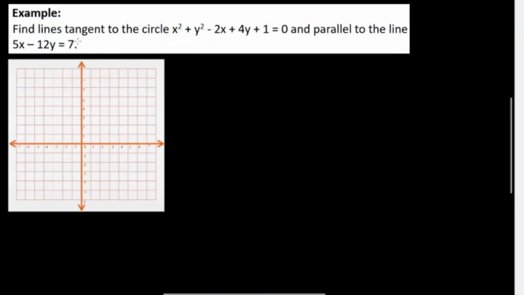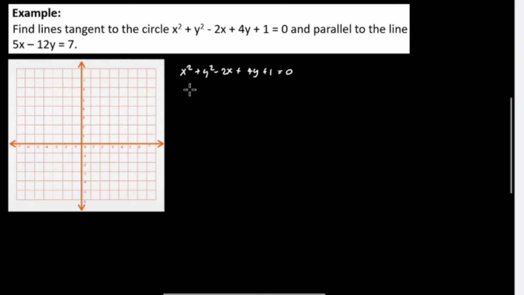Example: find the lines tangent to the circle x squared plus y squared minus 2x plus 4y plus 1 is equal to 0, and parallel to the line 5x minus 12y is equal to 7. Copy first the equation of the circle: x squared plus y squared minus 2x plus 4y plus 1 is equal to 0.